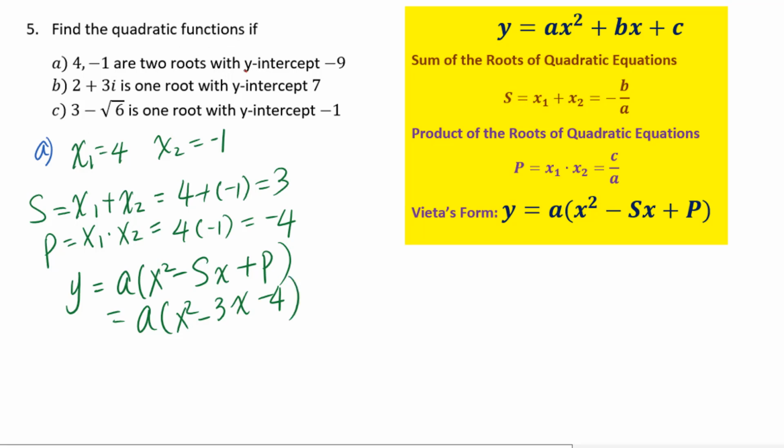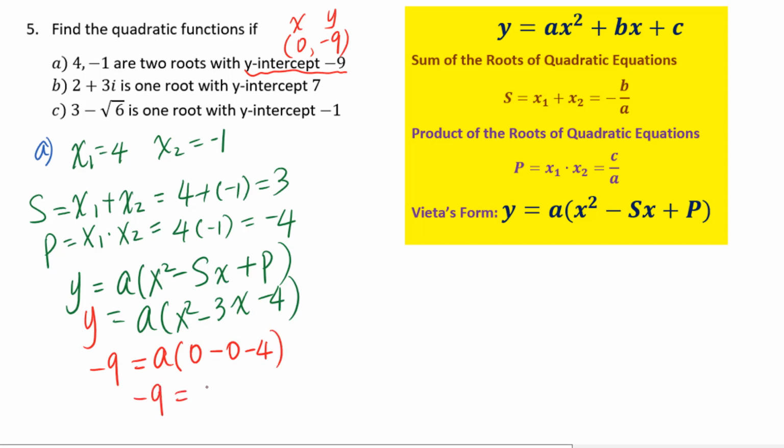Since we are given the y-intercept (0, -9), x equals 0, y equals -9, we can plug in. You will get -9 equals a times (0 minus 3 times 0, which is 0, minus 4). Organize: -9 equals -4a.